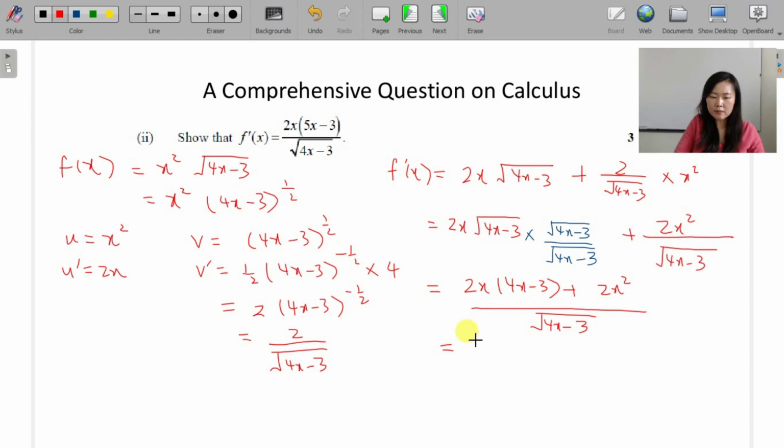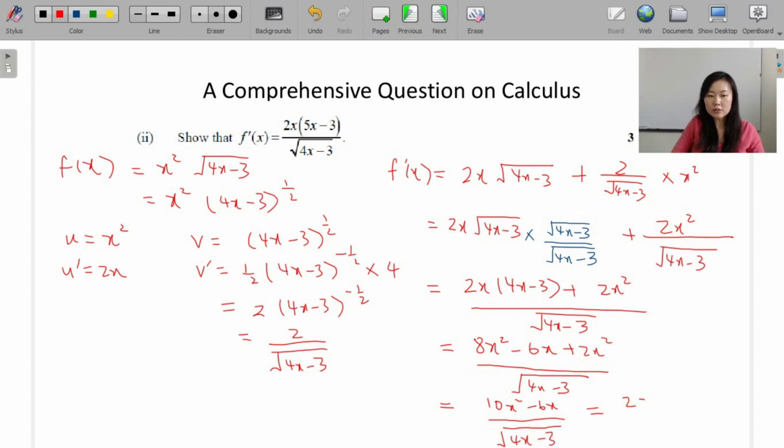Expand the top. All right, so that's 10x squared minus 6x, which factorizes into that. So at this point, you can pretty much just copy the answer or just factorize it.